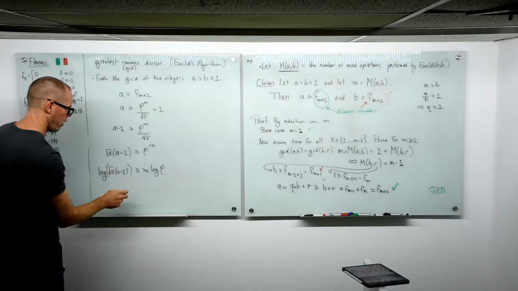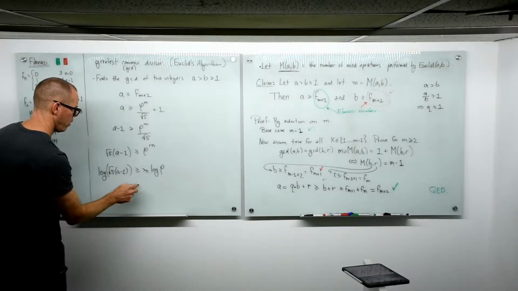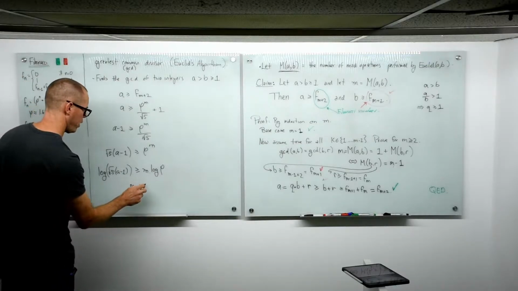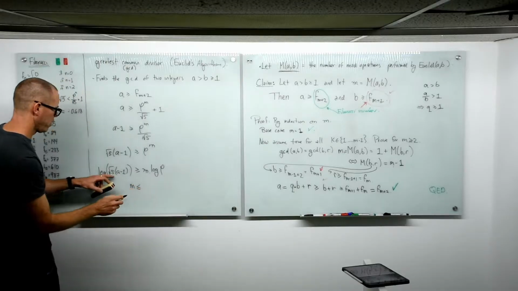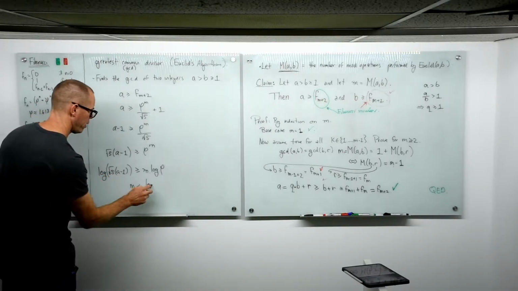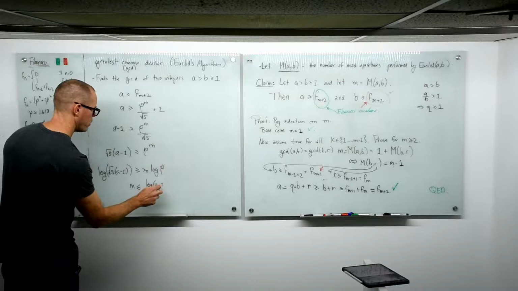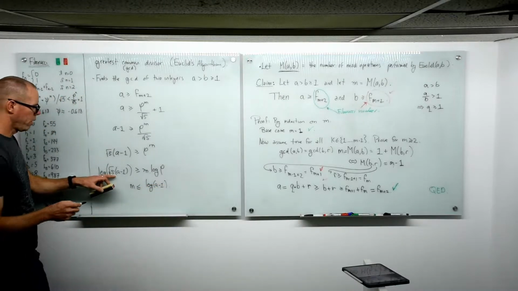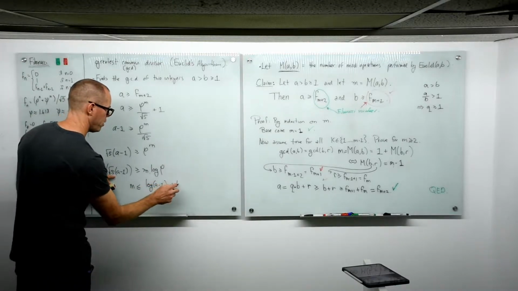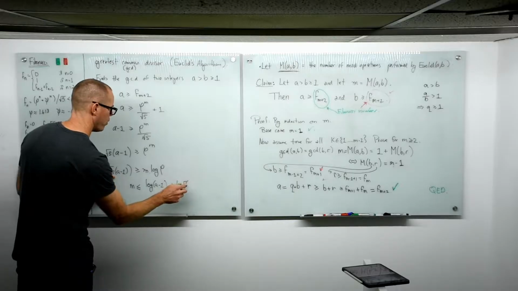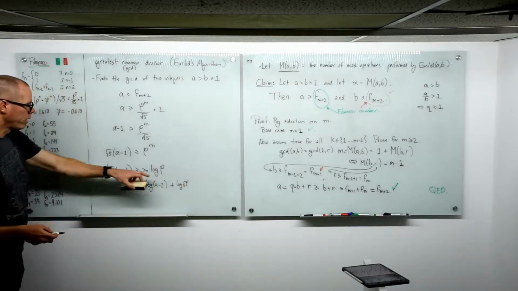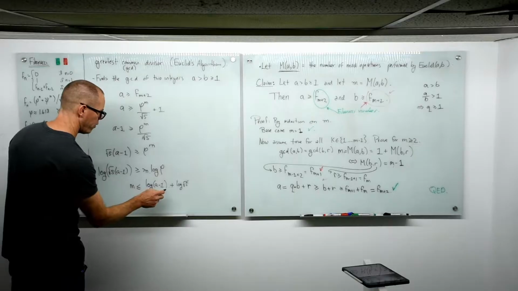Let's write this in a nice way. Here we get log of a minus 1, plus log of square root 5. We're going to divide everything by log of rho.